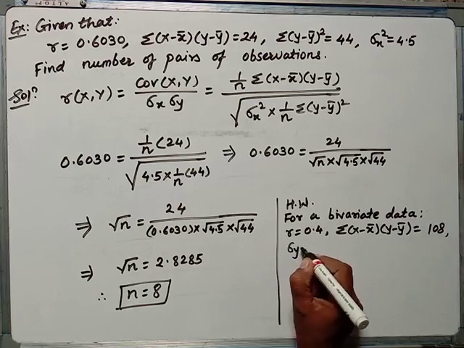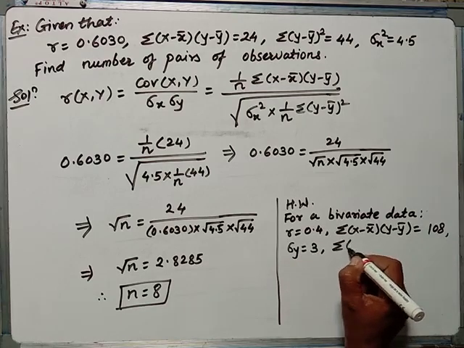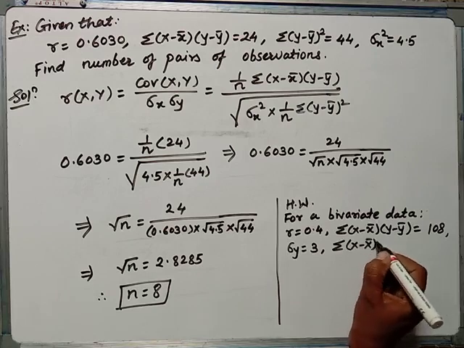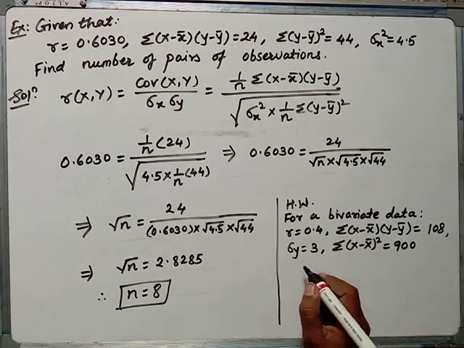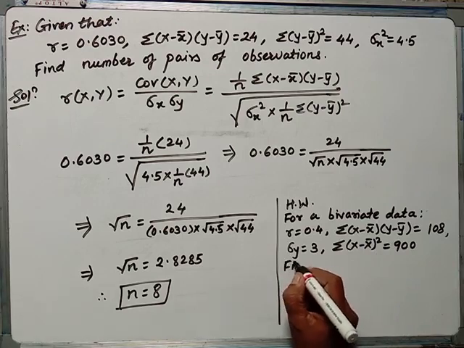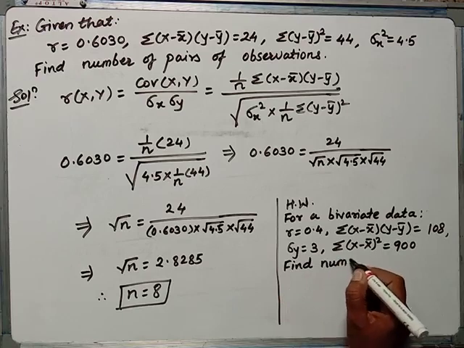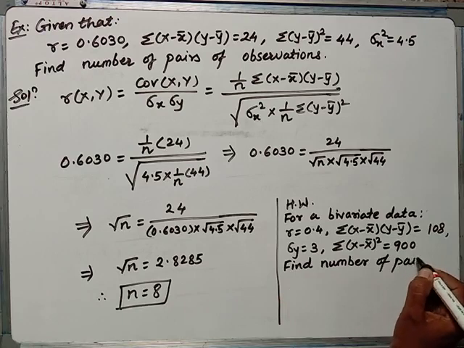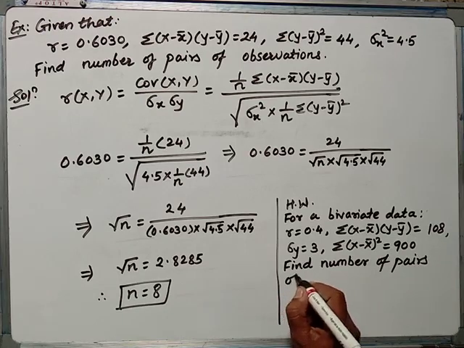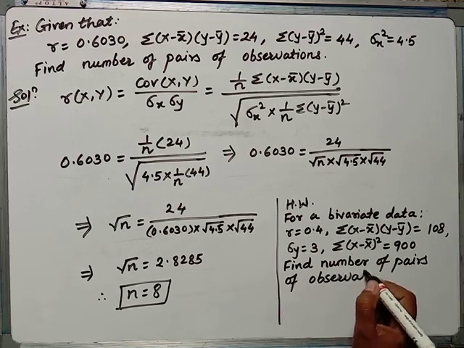Sigma y is 3, summation x minus x bar square is 900. Question is that find the number of pairs of observations.